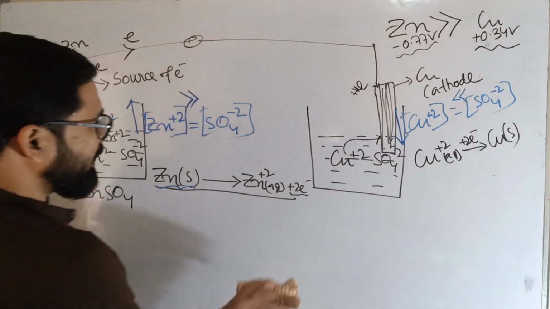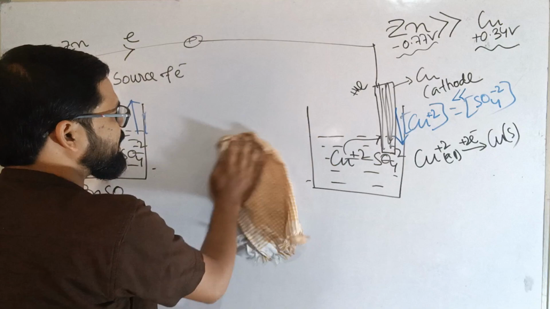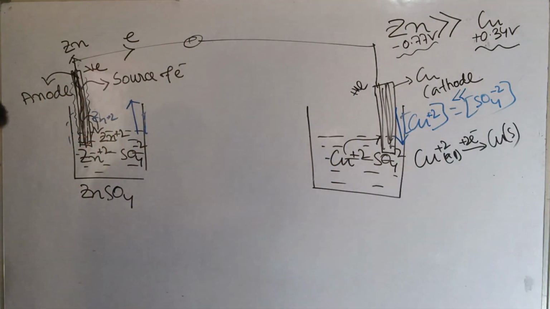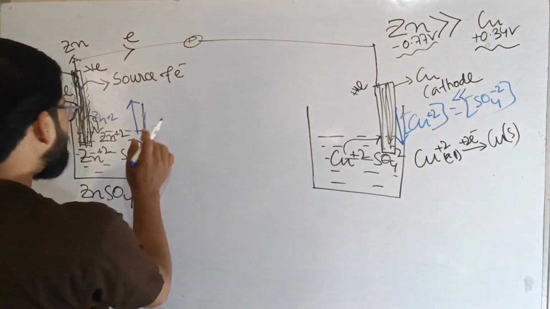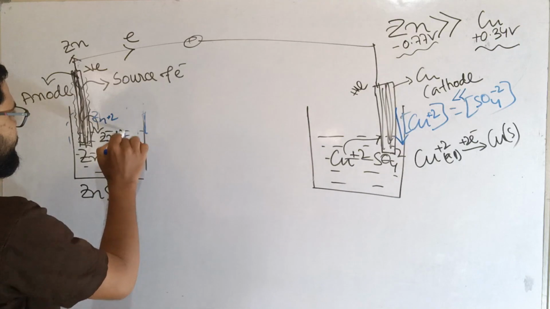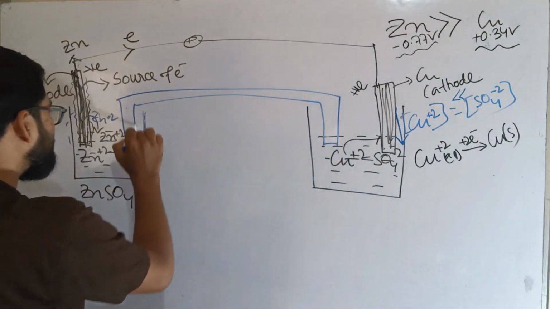To address this problem, we introduce a salt bridge. So what is a salt bridge? A salt bridge is an inverted U shape.